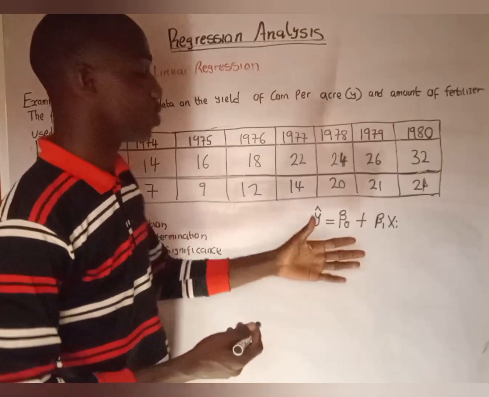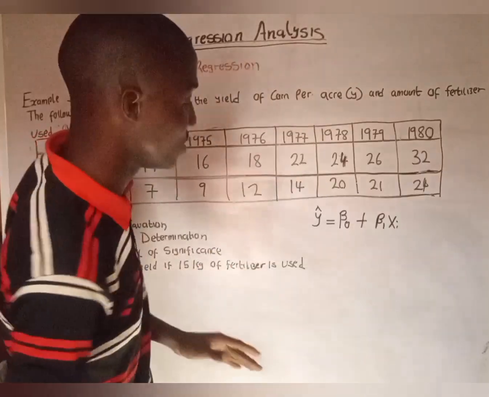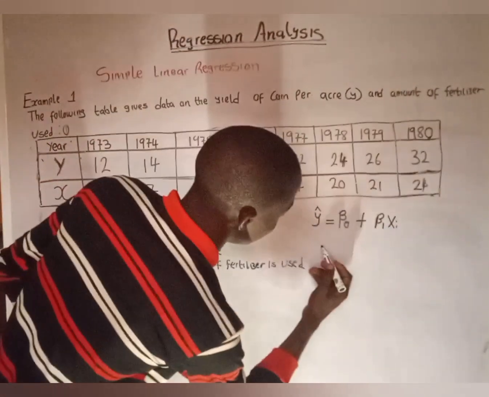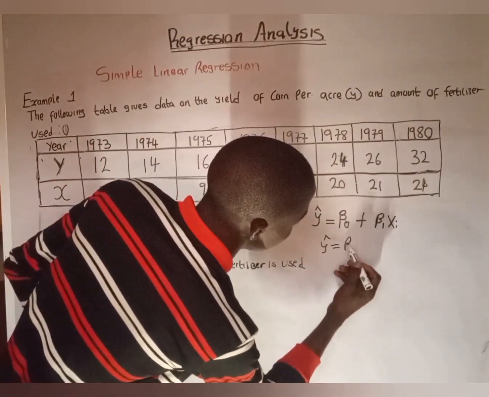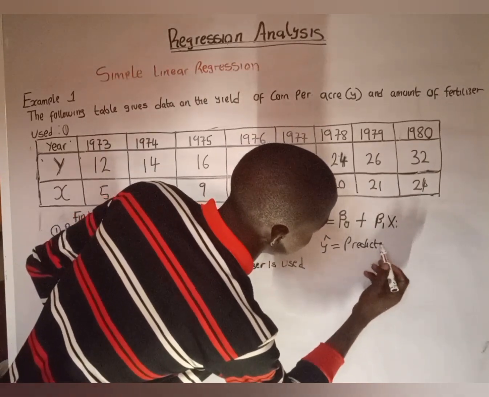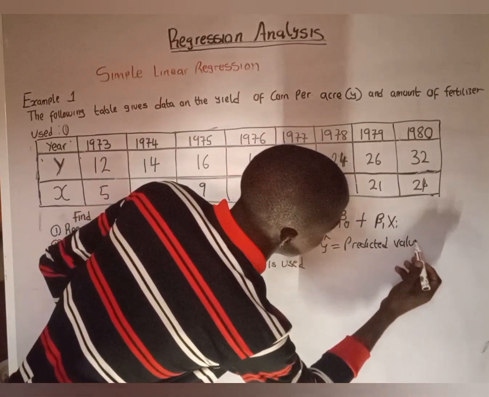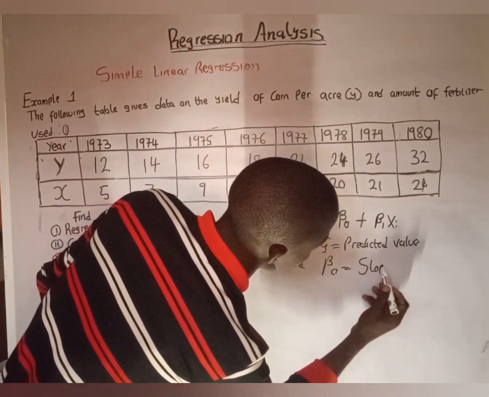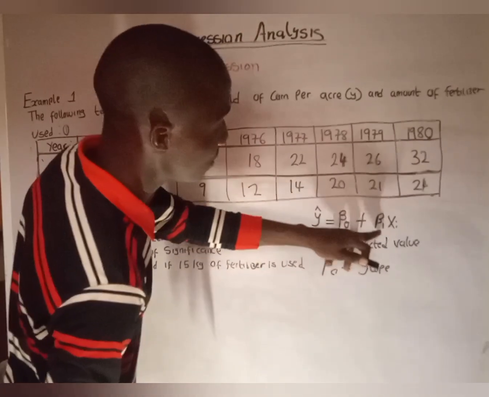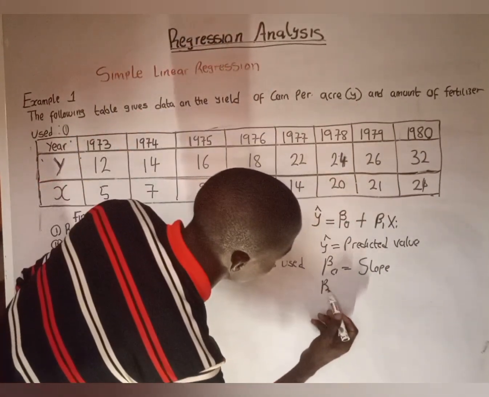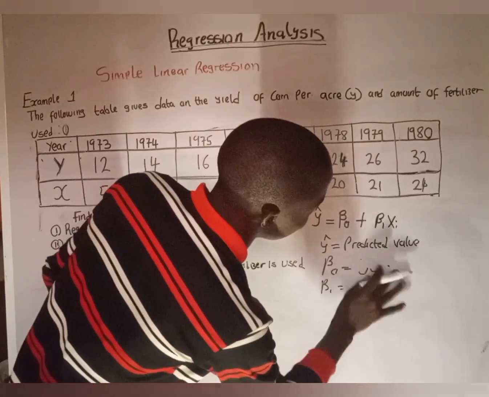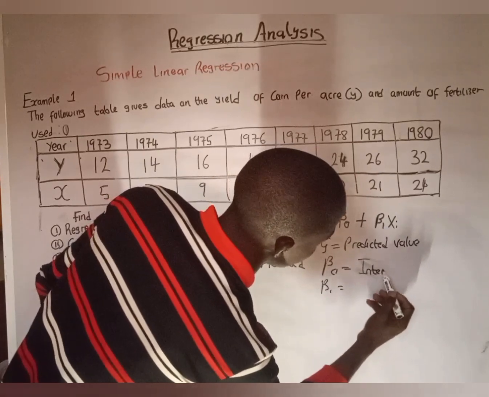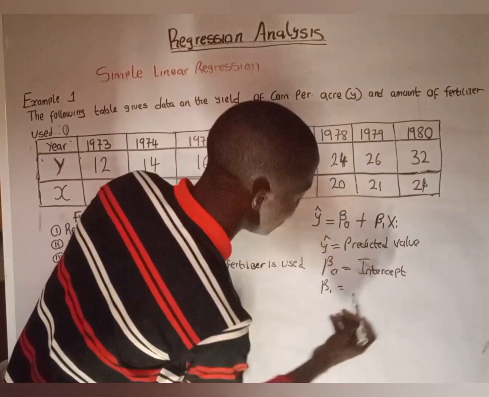Next, I am going to write out the parameters in this equation of the regression line. The y hat is the predicted value of y. The b naught is the intercept, and beta 1 is the slope.